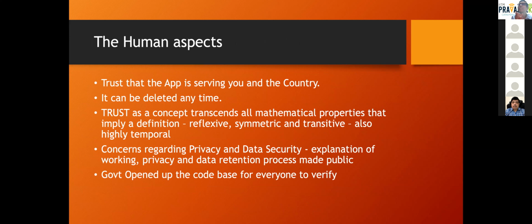And please note that trust in a system is going to be extremely important for any data analytics driven system. Trust itself is a concept that transcends all mathematical properties that imply a definition. Say you want to define trust. A equal to B means what? This equal to is a relation.